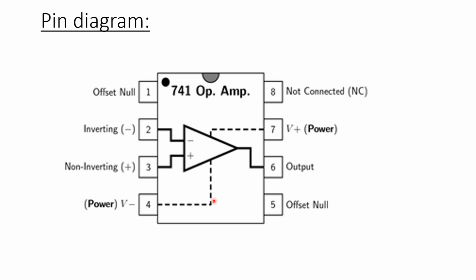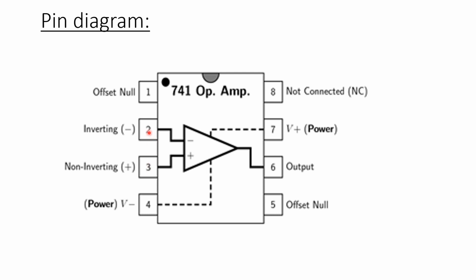Finally, in this video we are going to see the pin diagram of the LM741 op-amp. It has 8 terminals. The first and 5th terminals indicate offset null. We give the inputs to the second and third terminals.